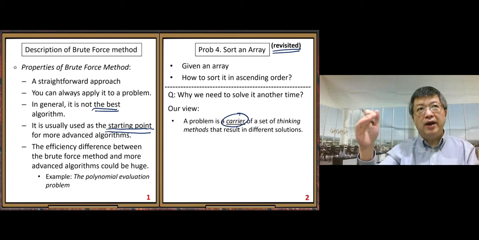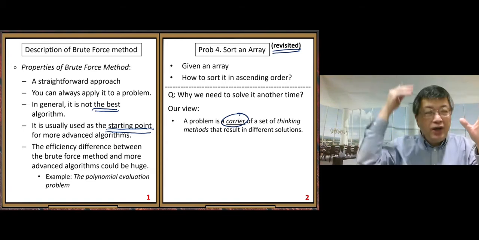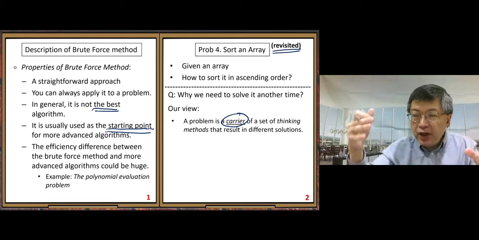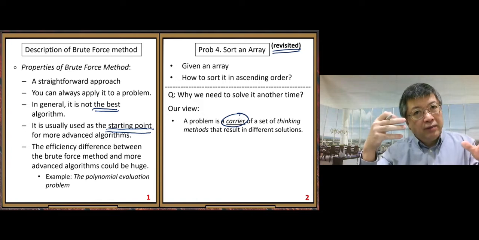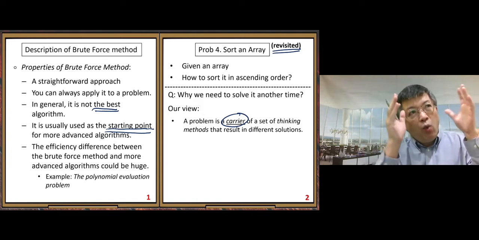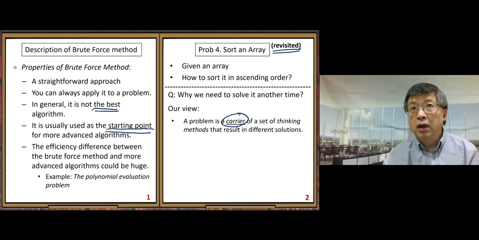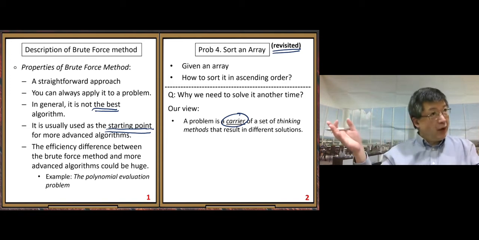So what's that? When we solve computing problems, we need to use thinking, logical reasoning in our mind. How well you can do the thinking is very important. When you do the thinking, do you need to use some special methods? Definitely.